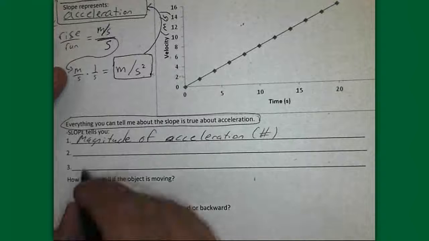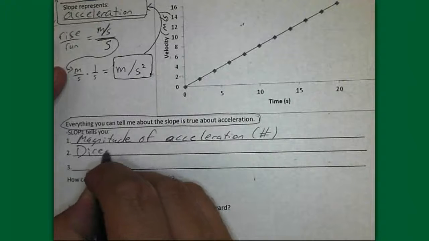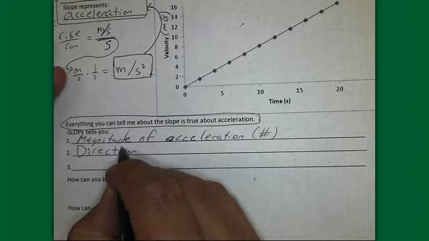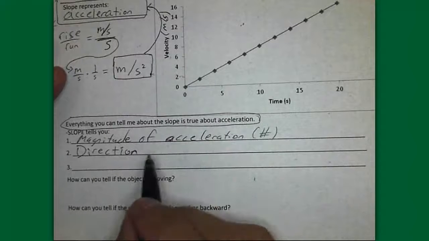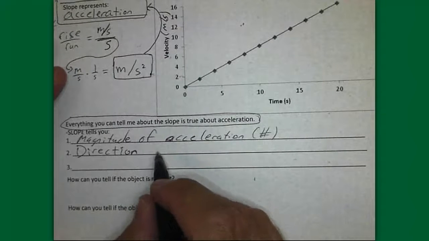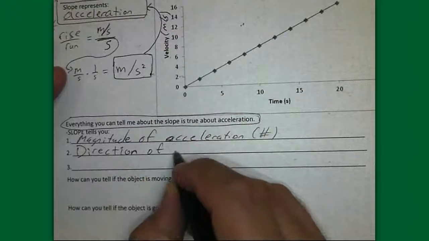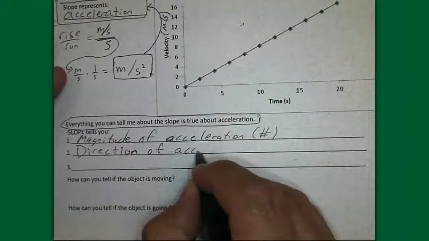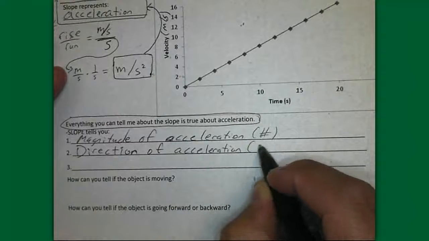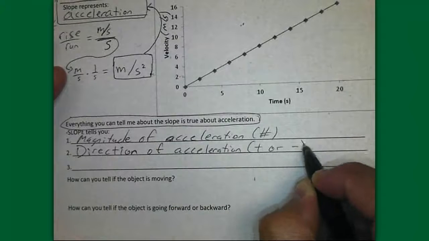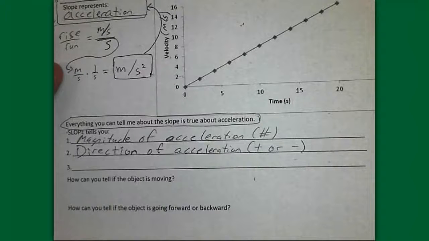Second thing that the slope can tell me is the direction. Just like a position time graph, we could talk about direction depending on whether the slope is negative or positive. But this is not the direction of the motion. This one will tell me the direction of the acceleration, by determining if the slope of the graph is positive or negative.